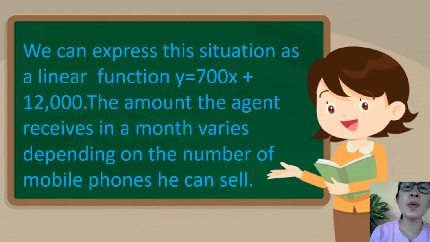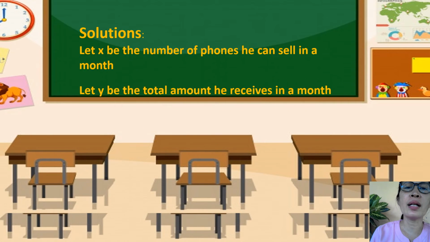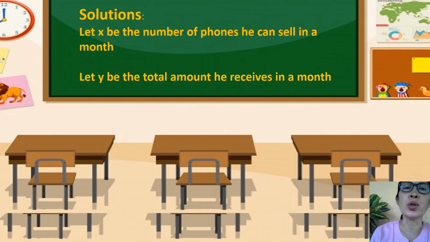We can express this situation as a linear function, y equals 700x plus 12,000. The amount the agent receives in a month varies depending on the number of mobile phones he can sell. Okay, let's find out your answer now. Solutions.